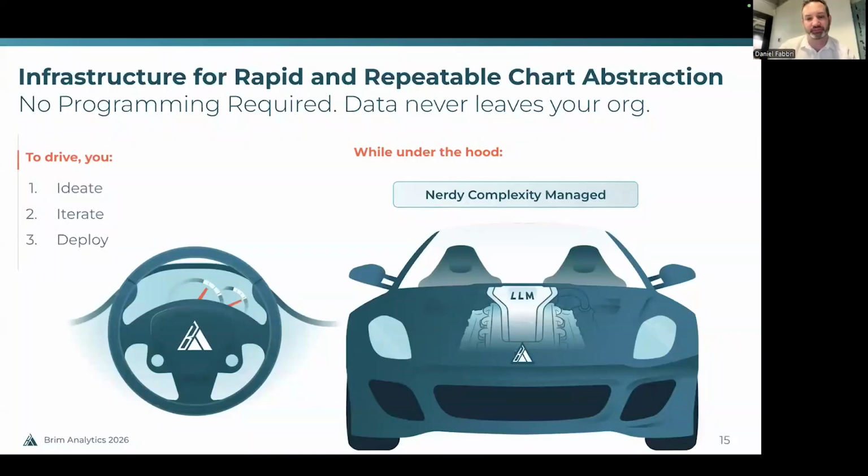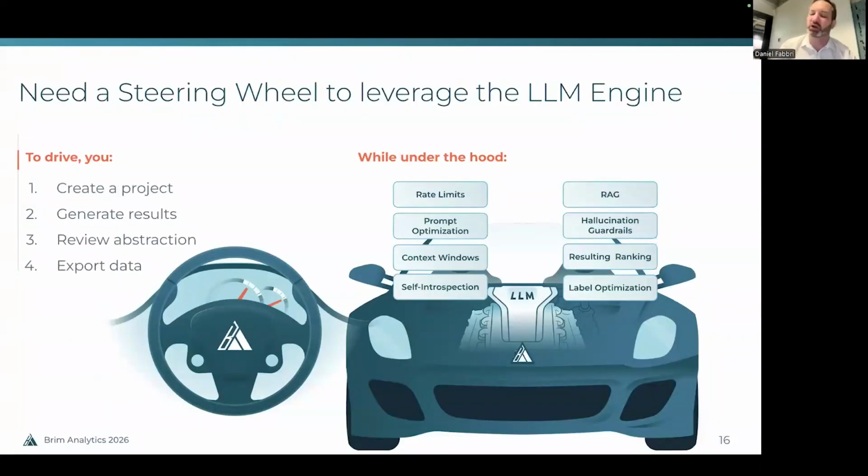Under the hood, though, what's really important is that this abstraction, the steering wheel-like interface over the large language model, has to deal with all the complexity of dealing with the large language model: rate limiting, RAG, hallucination guardrails, prompt optimization, context windows, self-introspection.